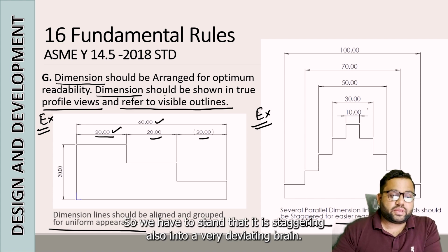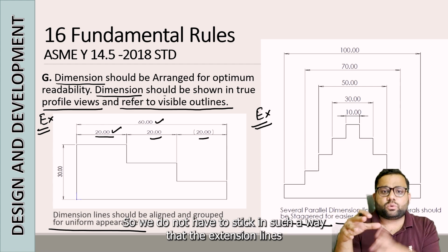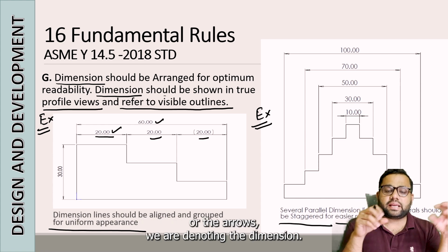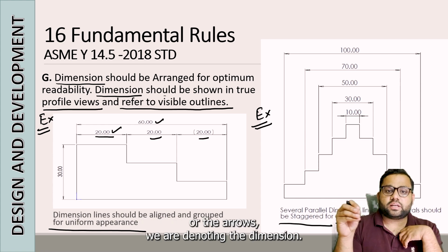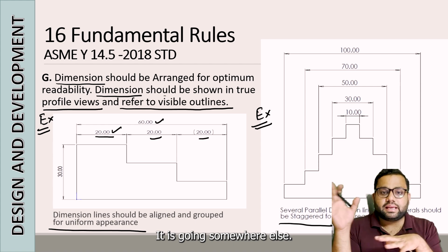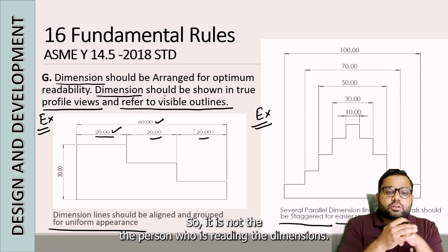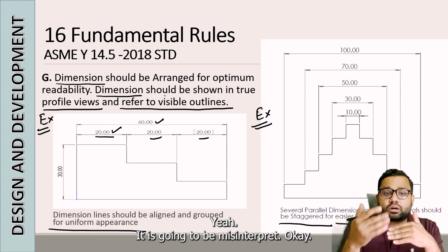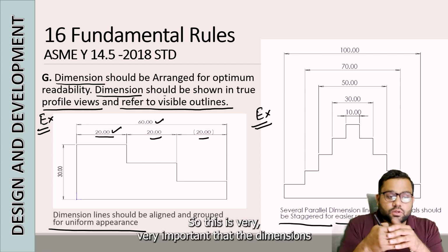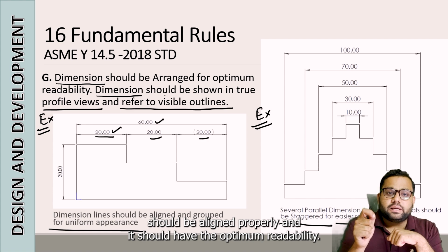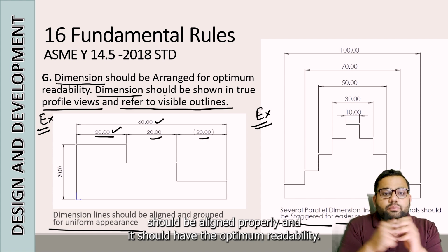If we are staggering on our engineering drawing, we must not stagger in such a way that the extension lines or the arrows denoting the dimension go somewhere else, because the person reading the dimensions is going to misinterpret it. So it is very important that the dimensions we provide on the engineering drawing are aligned properly and have optimum readability.